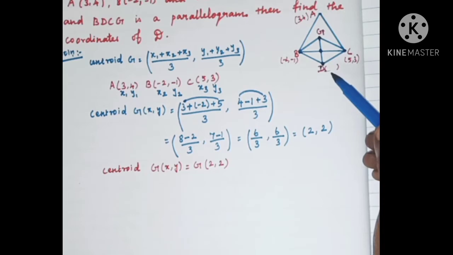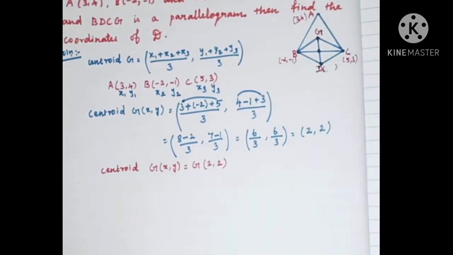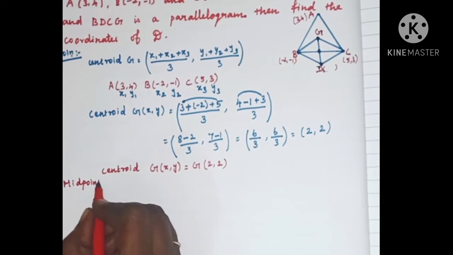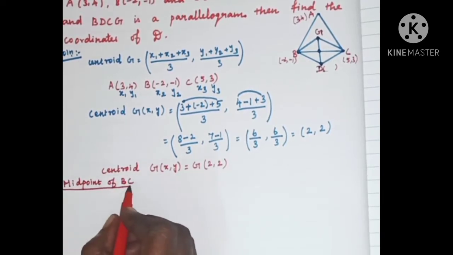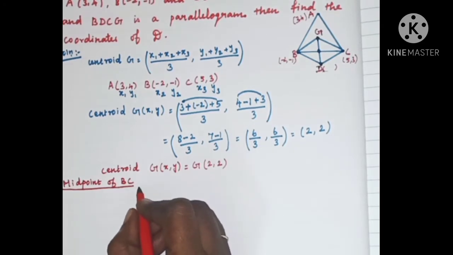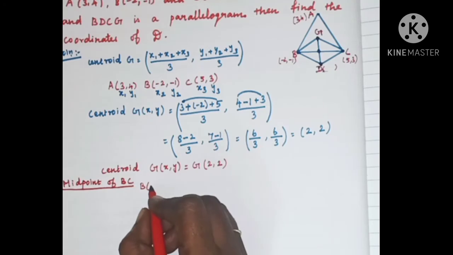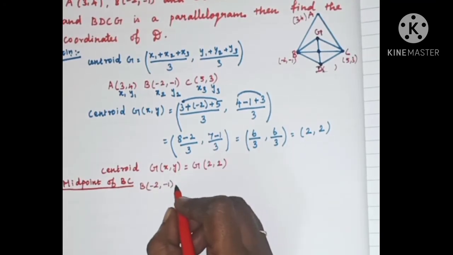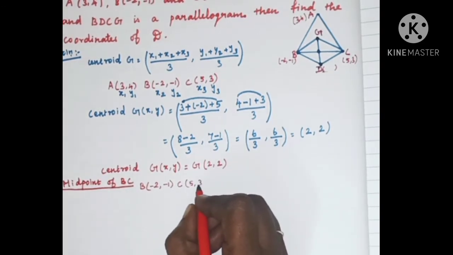Okay, so first we have to identify the midpoint of BC. What are the coordinates of B? The coordinates of B are given in the problem itself, -2, -1. And what are the coordinates of C? That is also given in the problem itself, 5, 3.